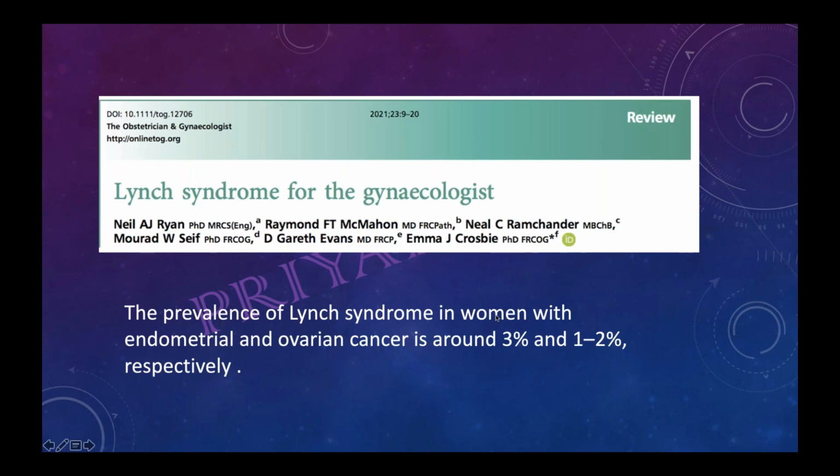Prevalence of Lynch syndrome in a patient with endometrial cancer is 3%. So if all endometrial cancers are tested, in 3% Lynch syndrome will be the reason, and in ovarian cancer 1 to 2%. All the numbers are from TOG.